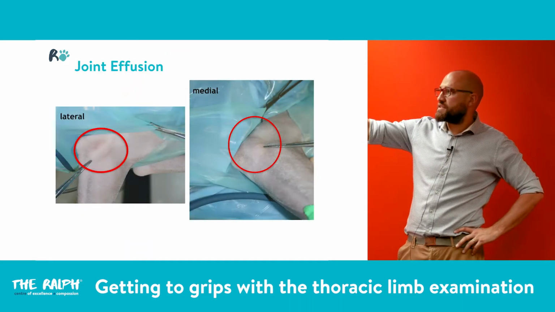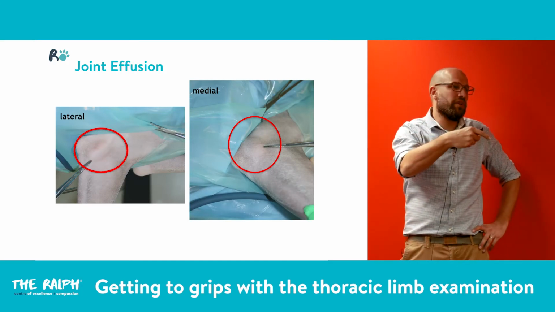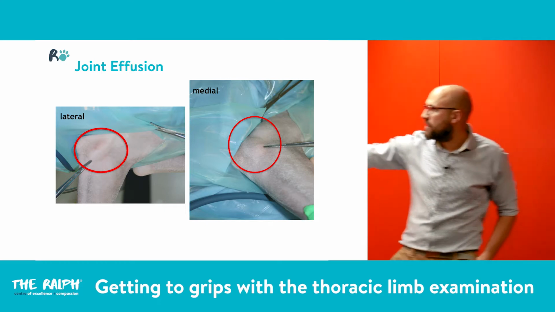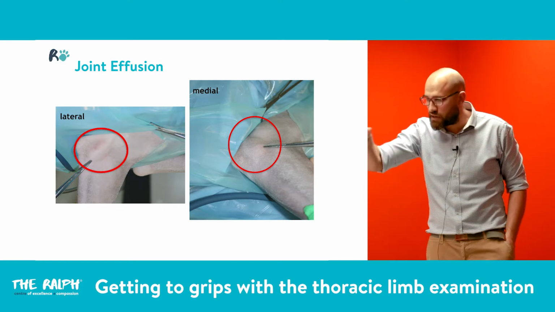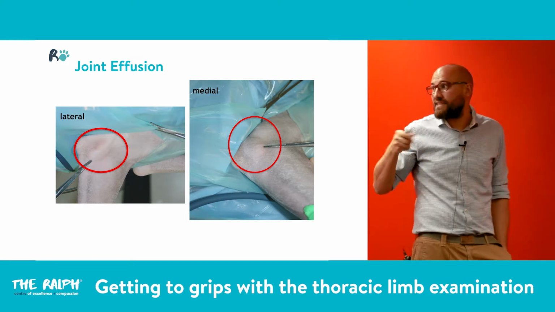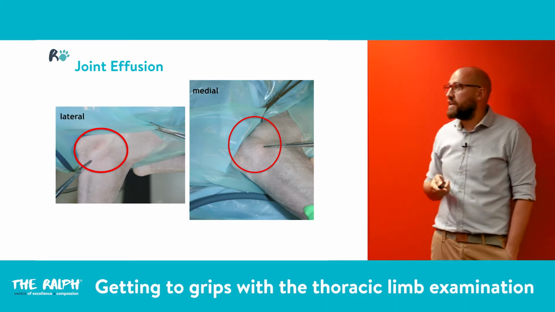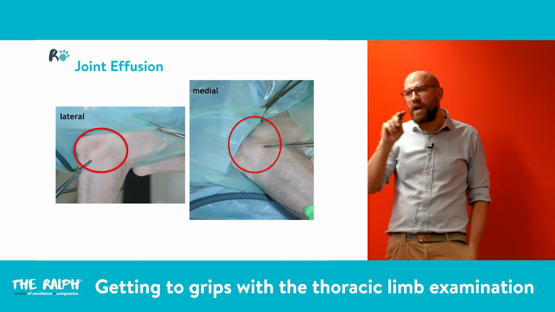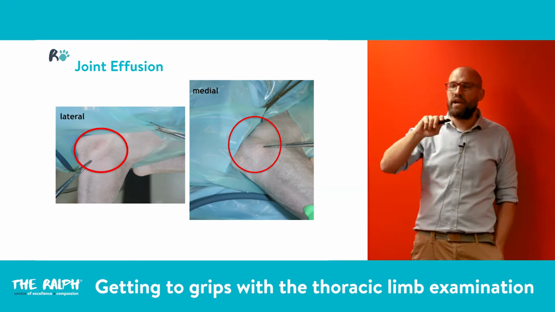This one is just to show you what I meant by effusion, with puffiness, both on the medial and the lateral aspect. Literally, you can see, and usually you can squeeze it. It feels like it's fluid filled, and that tells you that there is a lot of effusion in the elbow. I'm not sure why, but usually I tend to see this. Actually, I know why.